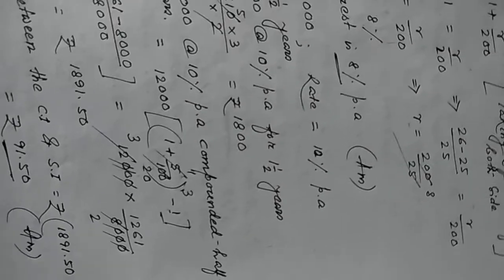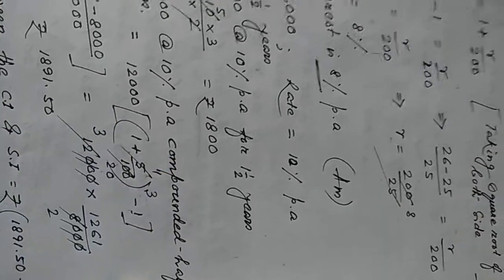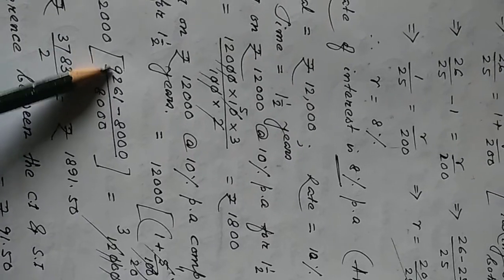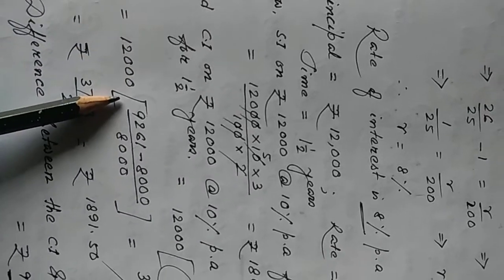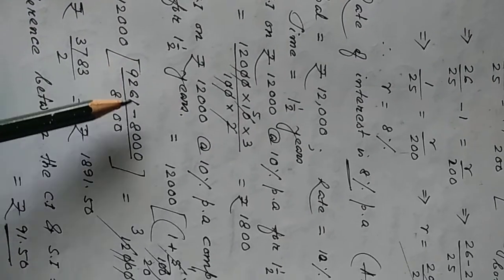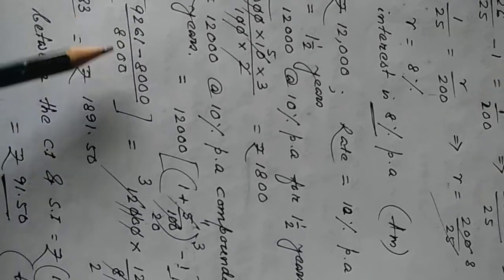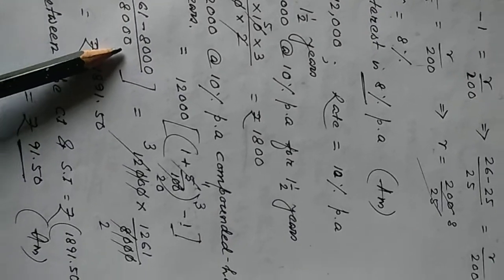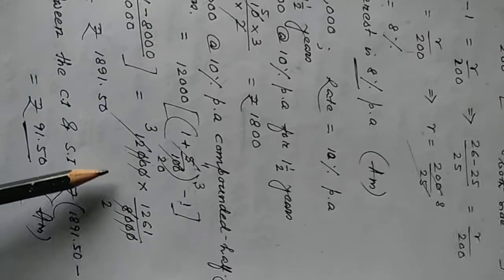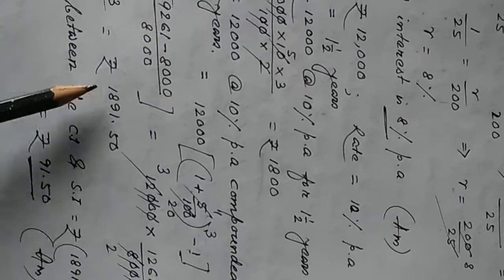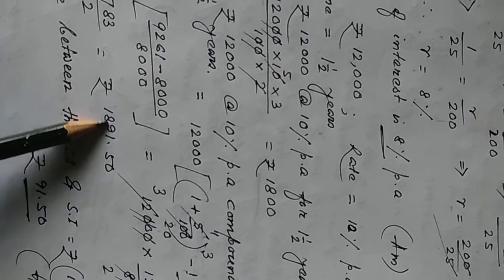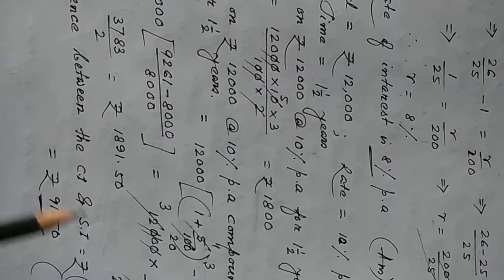and then reducing it to 1 by 20, so it will be, sorry, it will be 21 by 20, and 21 cube is 9,261, 20 cube is 8,000. So here I write 12,000 whole into 9,261 minus 8,000 by 8,000, and doing subtraction we are getting 1,261 by 8,000, reducing it, this is coming 1,891.50.